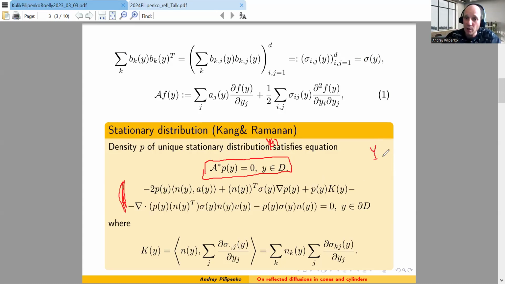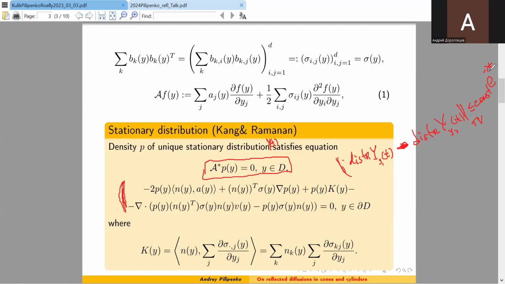That if you have two solutions started from points, say, y1 and y2, and if we consider the distance in total variation between them, this distance is less than a constant times e to the minus lambda t, where this constant is independent of y1, y2, and lambda is a positive number. This is proved in this paper of Kant and Ramanan.